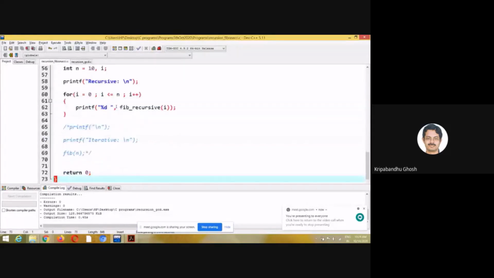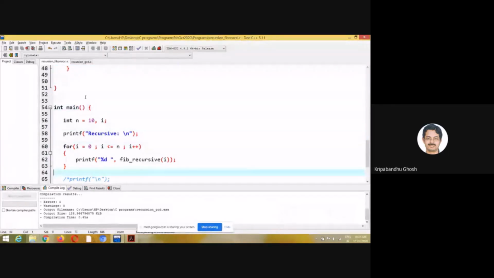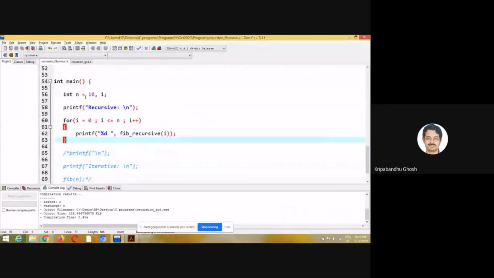So let's look at the solution. There can be other ways of doing it, but I found this to be the easiest one. So here, to generate the sequence for n equal to 10, this seems to be a very popular way.